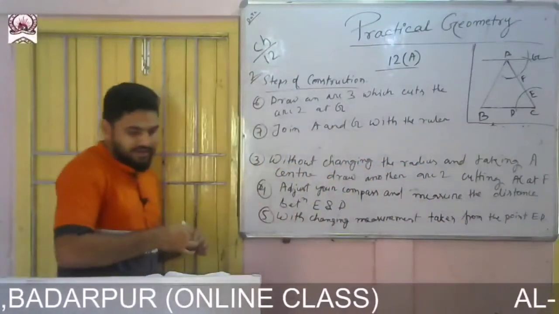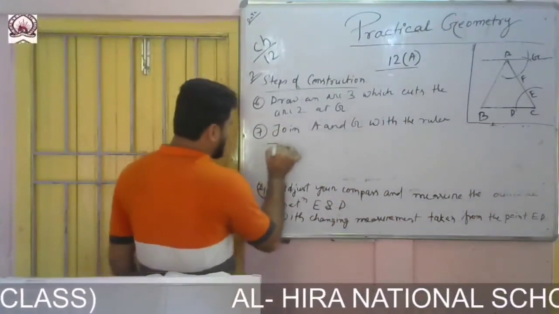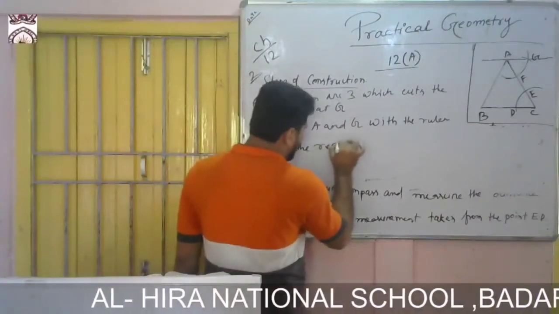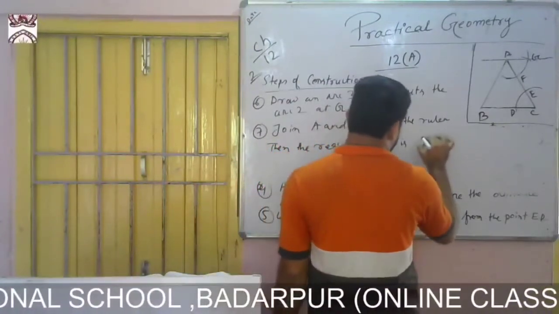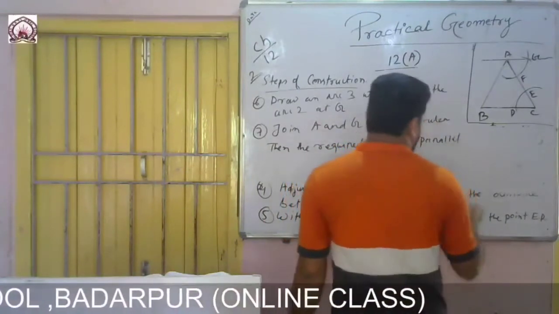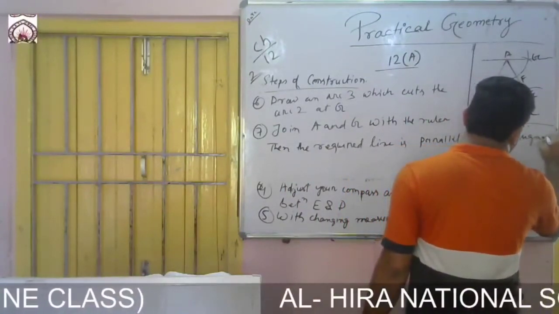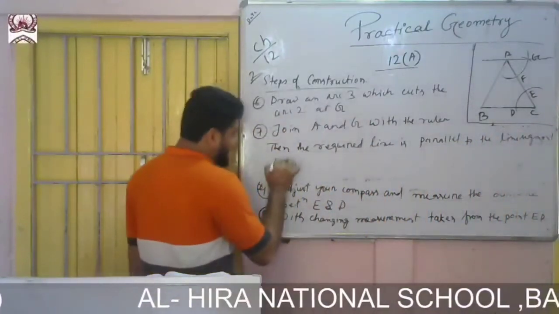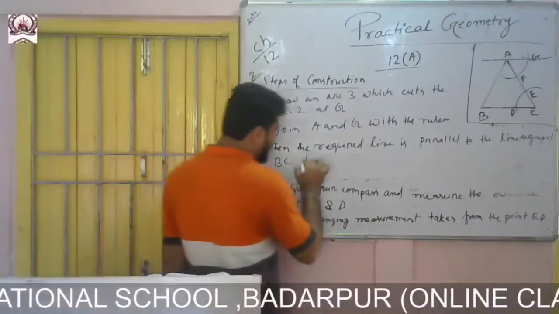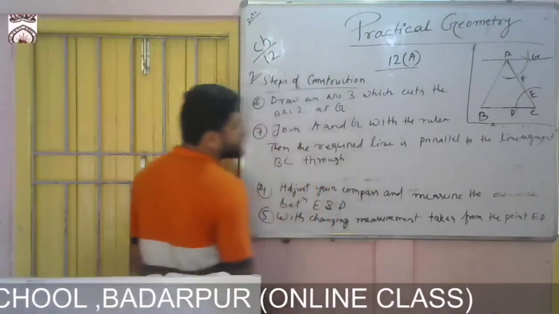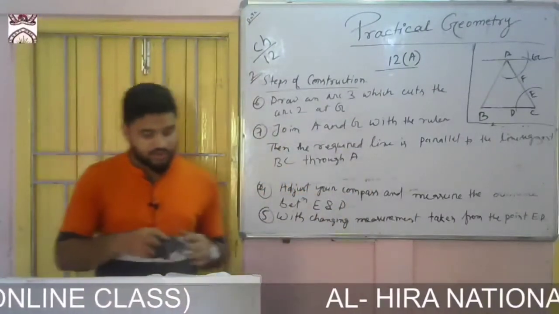Then the required line is parallel to the line segment BC. So these are the steps of construction.